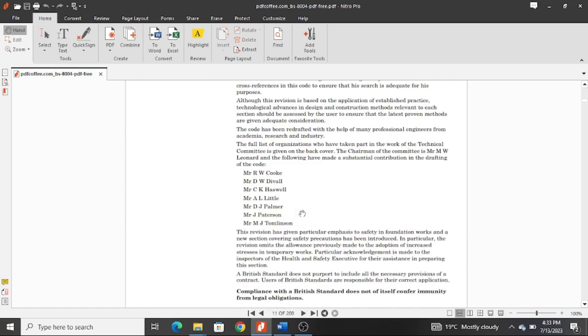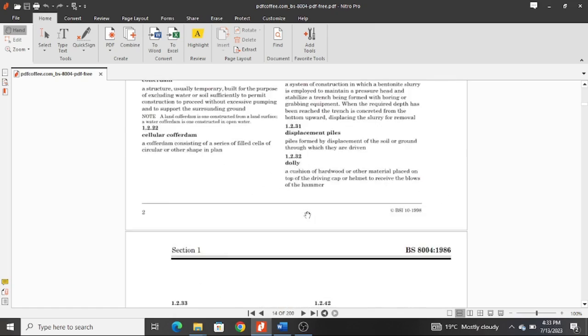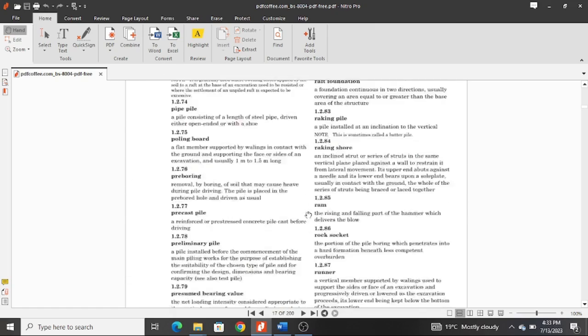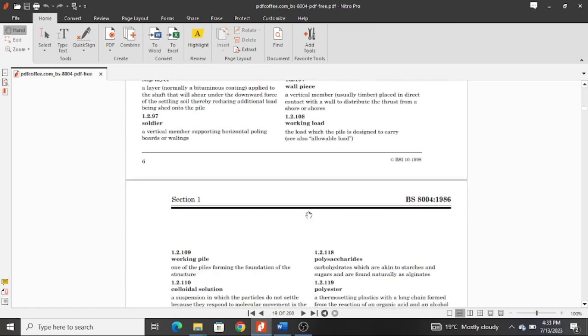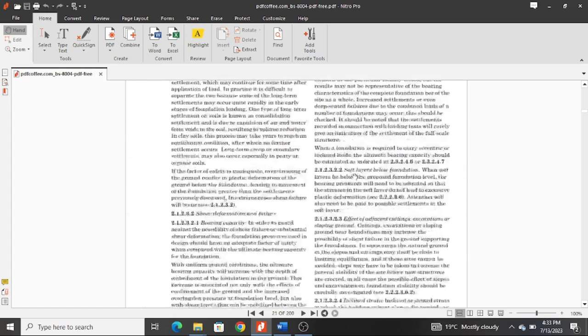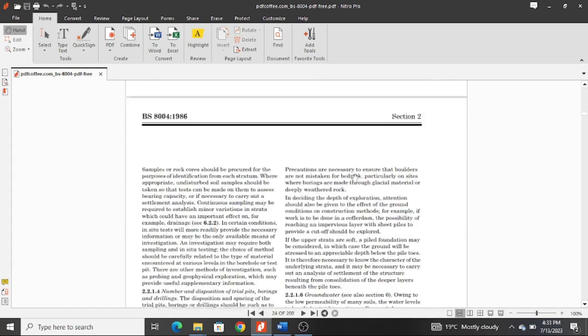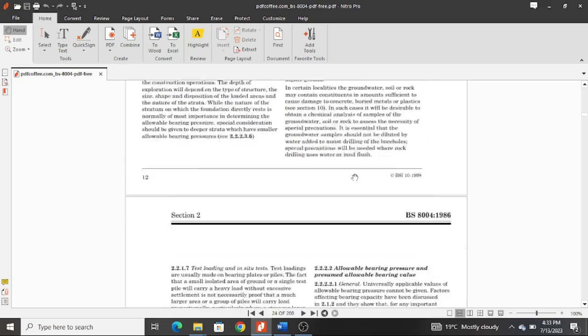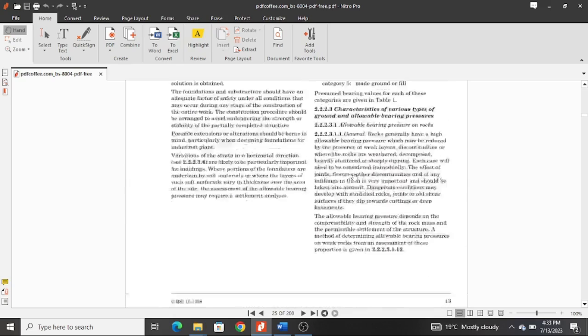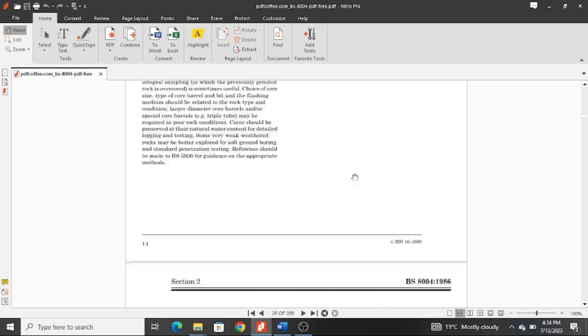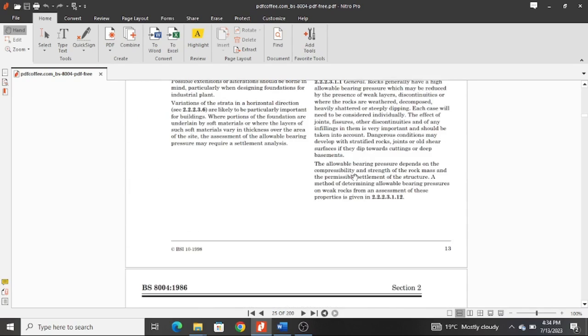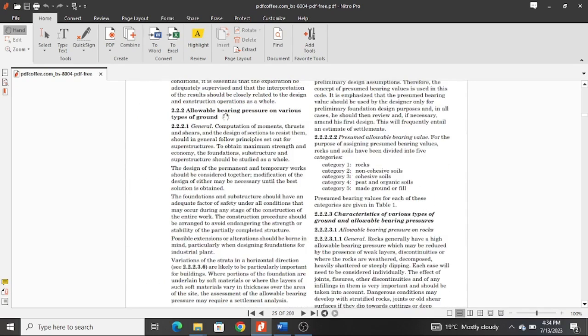Let's go, let's look for it. Page 13. There we go. You can download this code and be going through it. It can be very, very helpful. Yeah, here it is. So from page 13, we have allowable bearing pressure on various types of grounds.